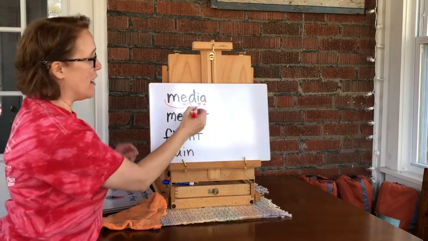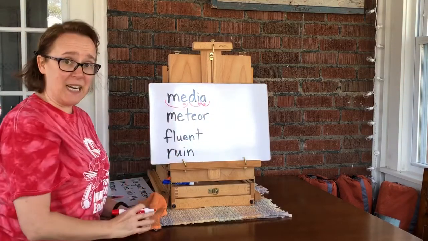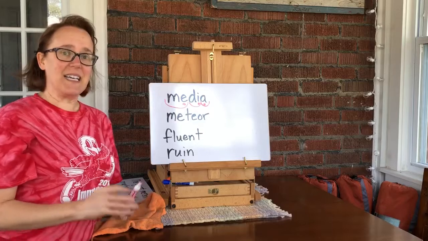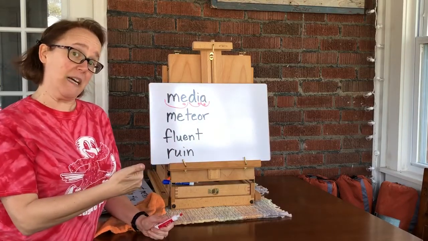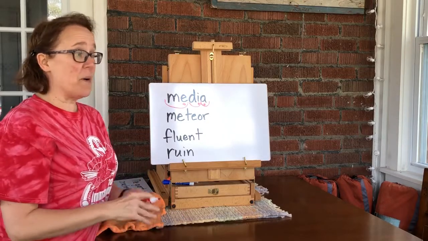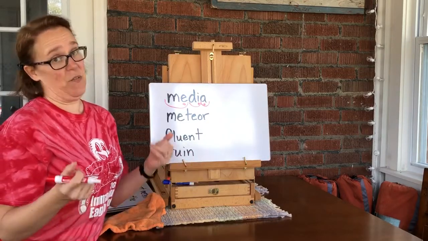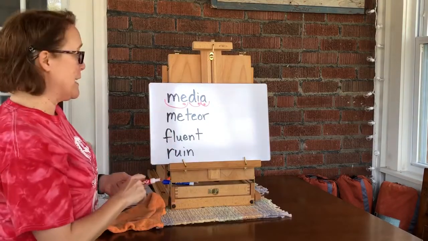So this word is media, media. And media is ways to communicate. Maybe you do it through social media, like Instagram or Twitter, or media like television or movies or newspaper. Any way to communicate with people is media.